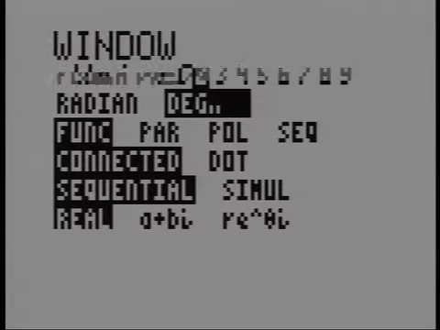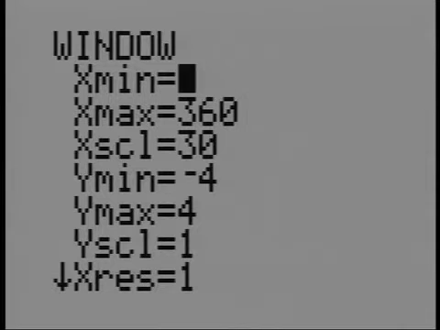The window should be set up with x values from 0 to 360 with a scale of 30, and y values from -4 to 4 with a scale of 1. Pressing graph, it then graphs the equation 2 sine of x plus 1.